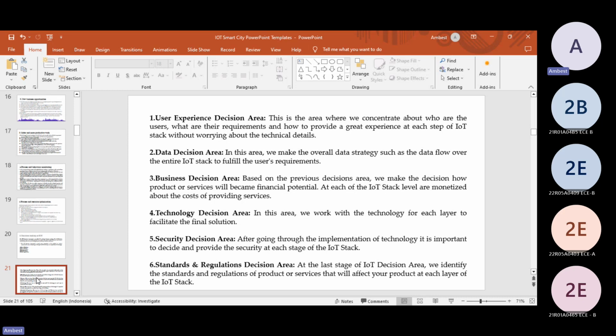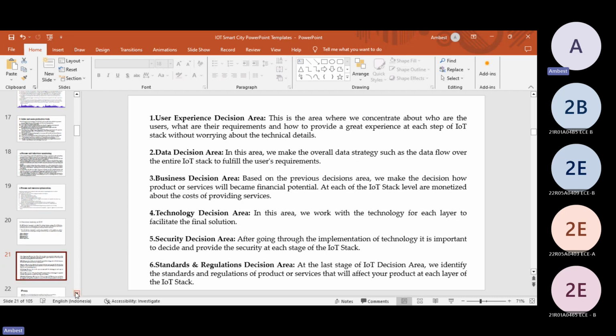So these are the major six decision areas: user experience, data flow, business, technology, security, and standards and regulations.